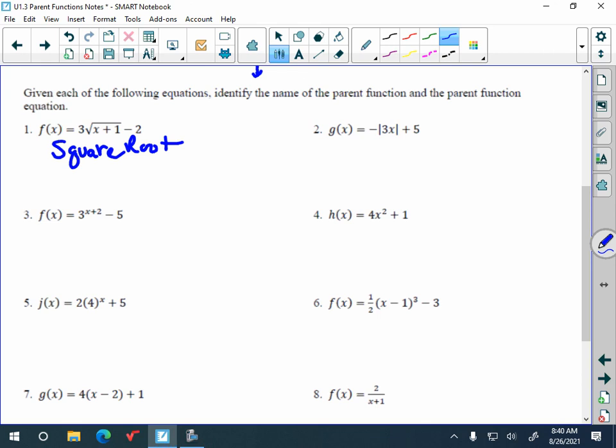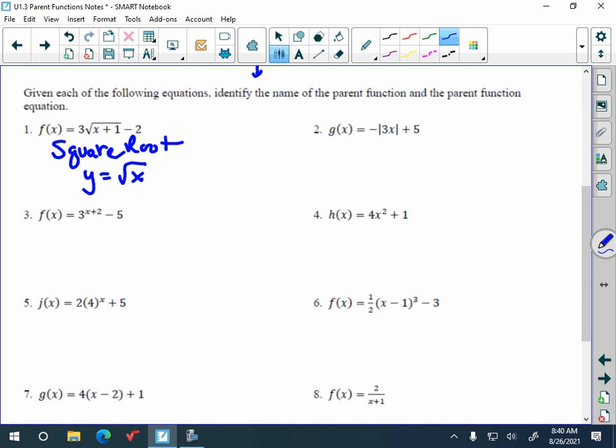The parent function equation, we could just write y equals square root x. Or you could write f of x equals square root x. There are all these other numbers that they're going to throw into the equation, and we're going to look at what they do to the parent function, starting tomorrow. But right now, we just have to know what the name is and what's the basic parent function equation.